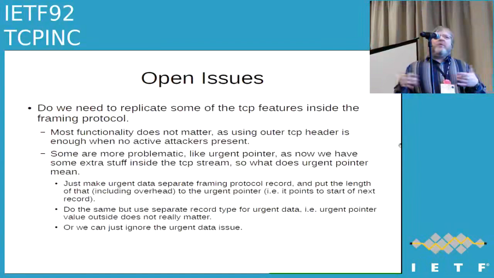Or we might say that we don't care about the urgent data bits in the header, but we allocate a new type for it: if the type is 6 instead of 5, then it's urgent data, and if it's 5, it's normal data. But this is again something that we need to be solving.